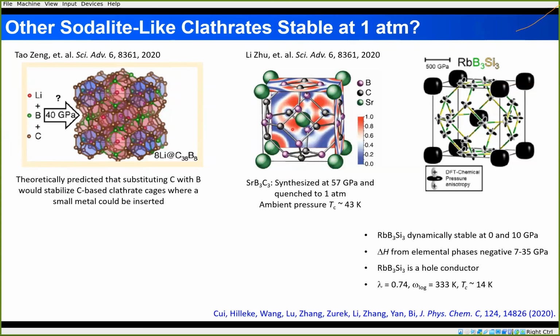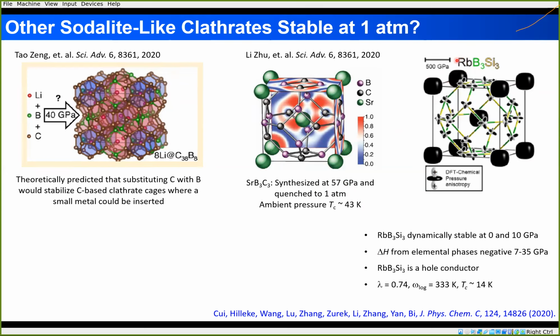And then we have an electropositive element in the center of the cage. This structure was synthesized at about 60 GPa, quenched to atmospheric pressure, and there are predictions of its TC. So we looked at borosilicides that were analogous to the boron carbides.